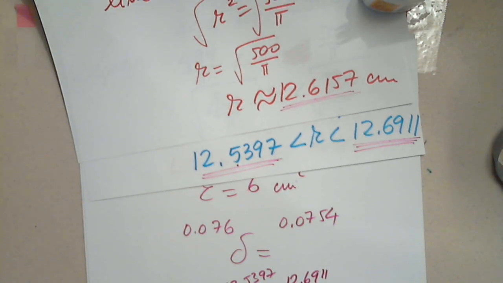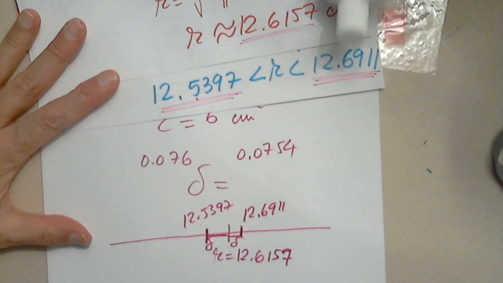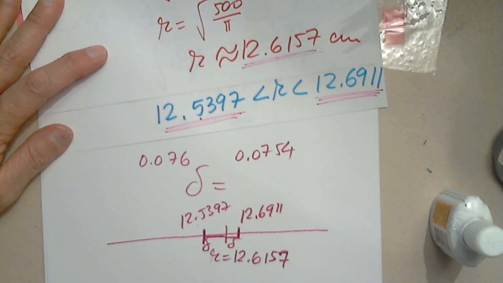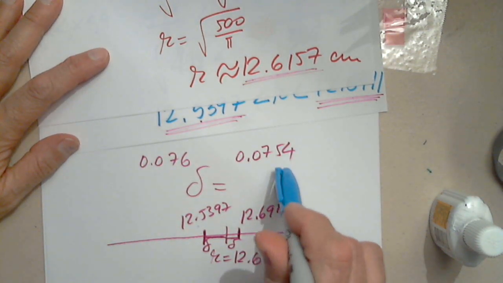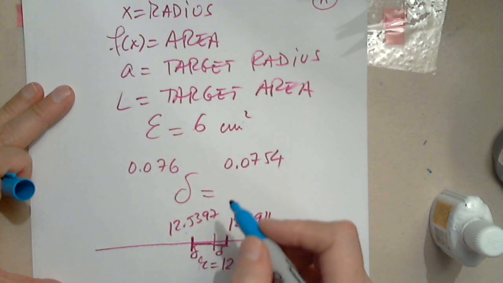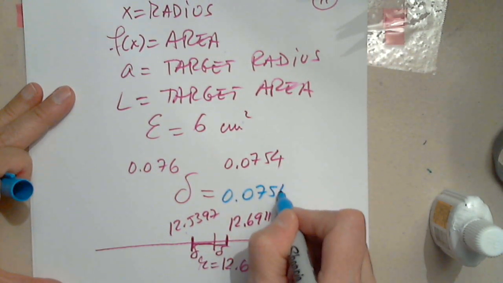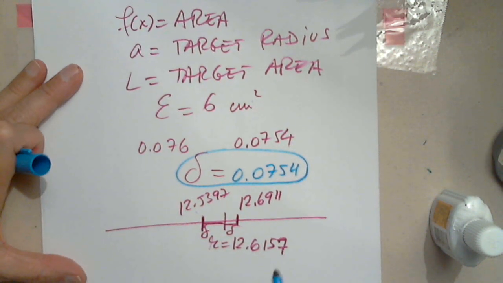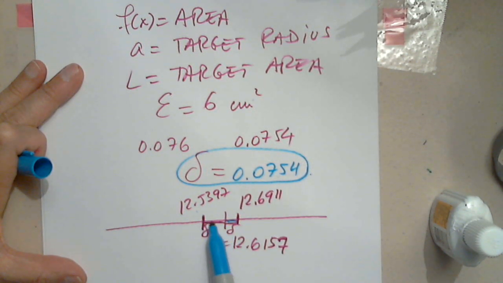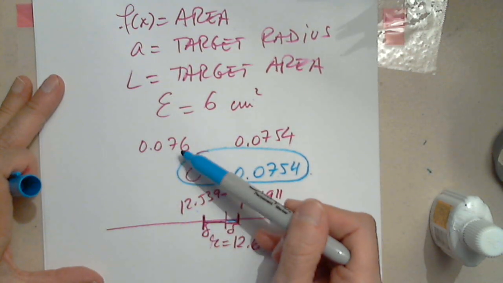Did you move up the paper? Oh yes, I'm sorry. Don't you pick the one that's closest to... The smallest delta. Excellent. Because this is 0.0754, but this, I know I exaggerated, is this.